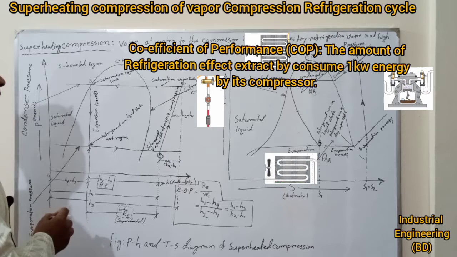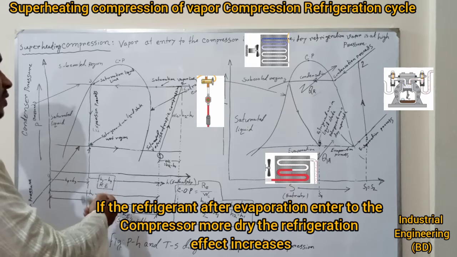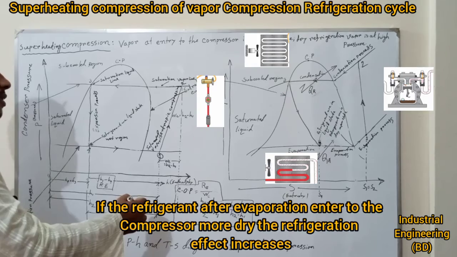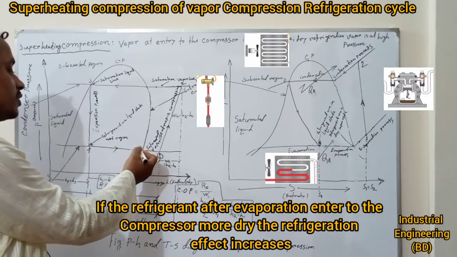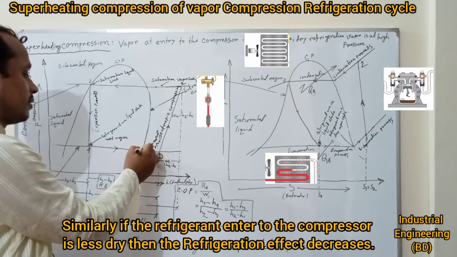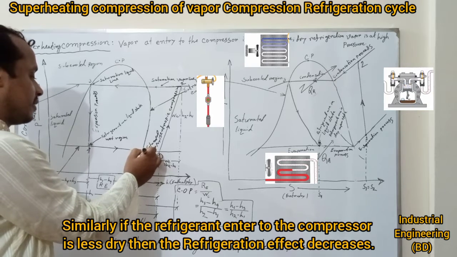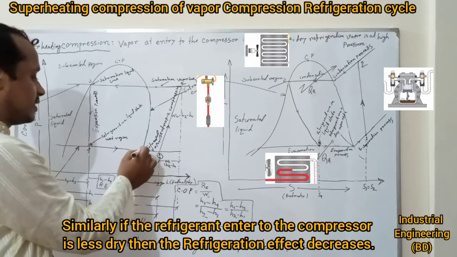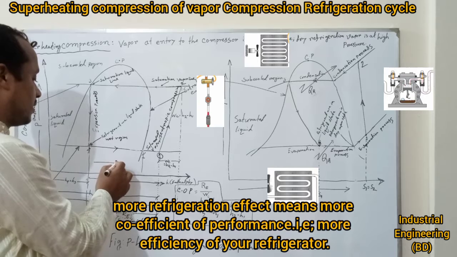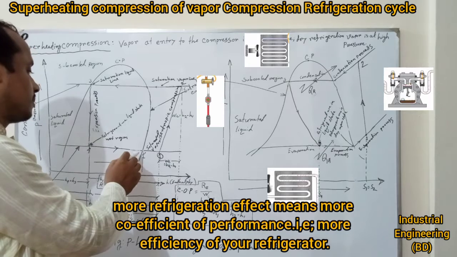The refrigerant after the evaporation process entering the compressor is in superheated or dry state. If the refrigerant entering the compressor is less dry, point number 1 will be over here, and we get a lower coefficient of performance.